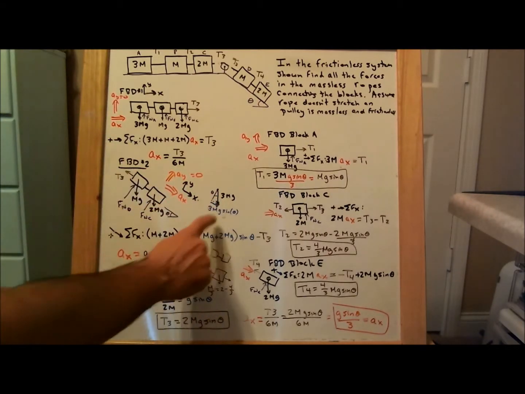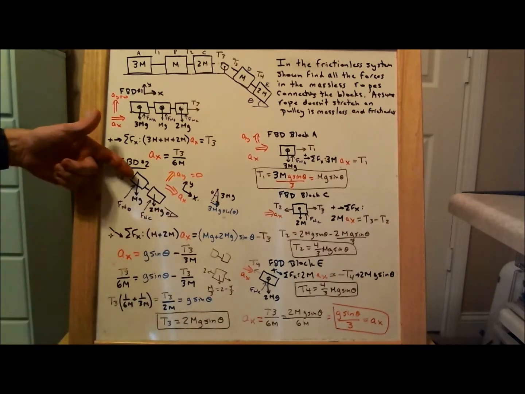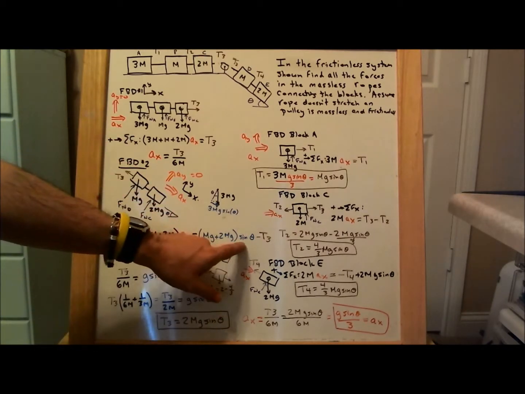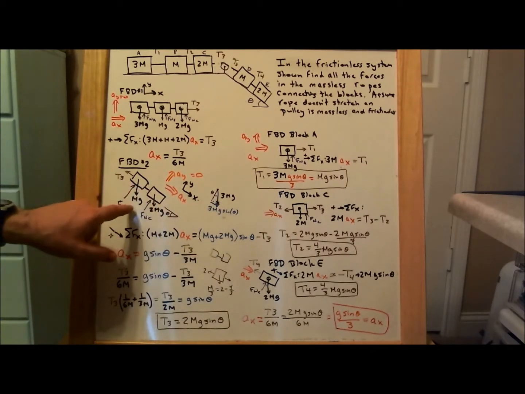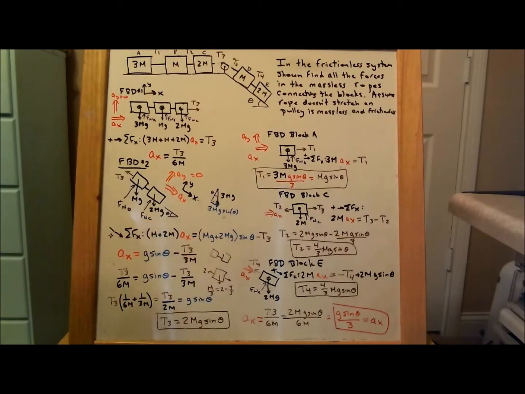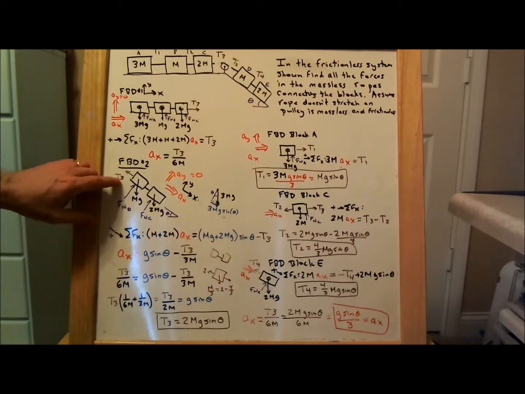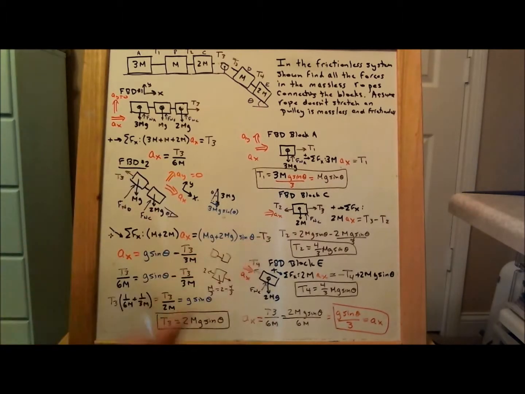Okay, and vectorially, you can find that it's the magnitude of the cumulative gravitational force times the sine of theta. And another force acting, in the minus x direction, is T3.